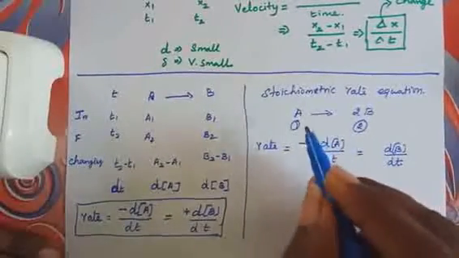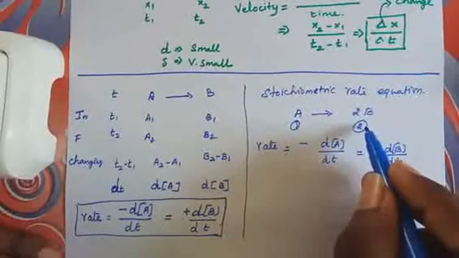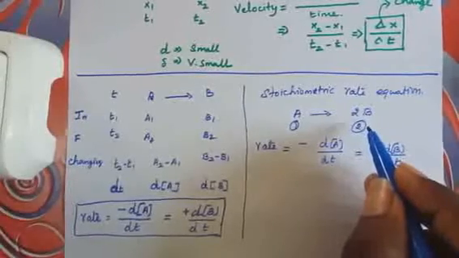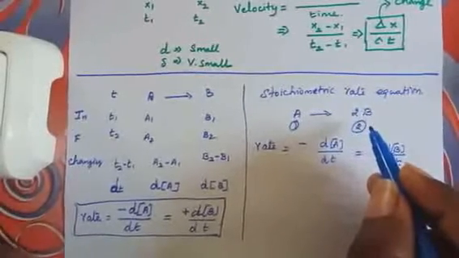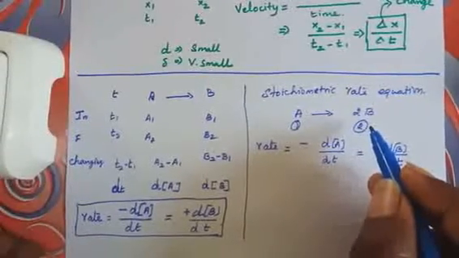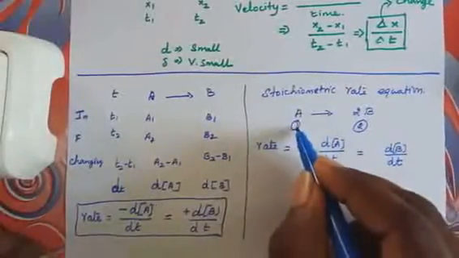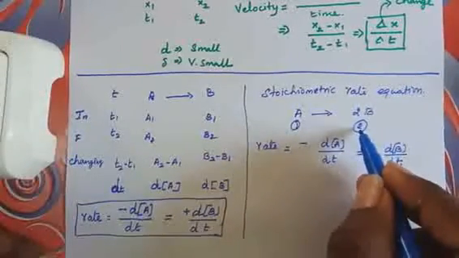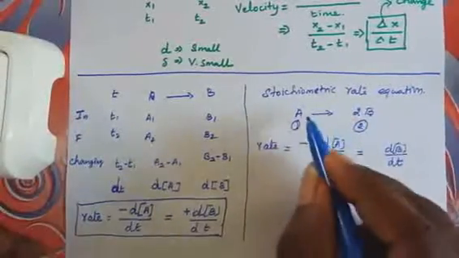Here not only disappearance of A and appearance of B occur, one more thing is present, which is the number of moles change. Here 1 mole of A gives 2 moles of B. That means formation of B is twice the times of A.